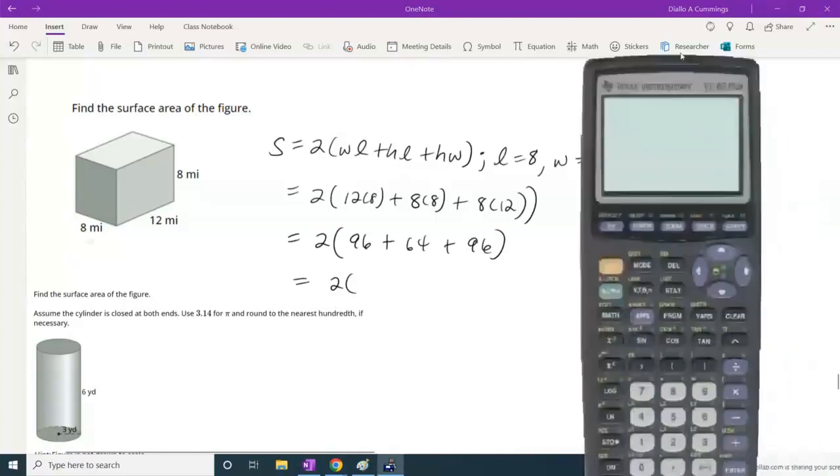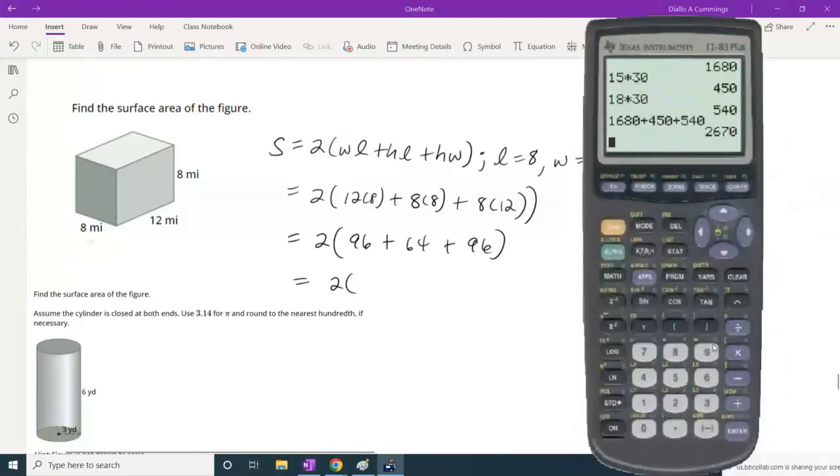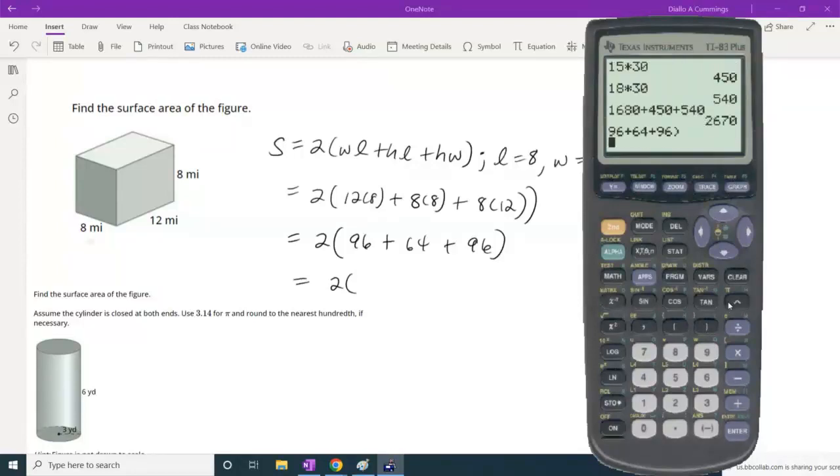So I'm going to add up 96 plus 84 plus 64 plus 96. And 96 plus 64 plus 96, I get 256. And 256 times 2 is 512.